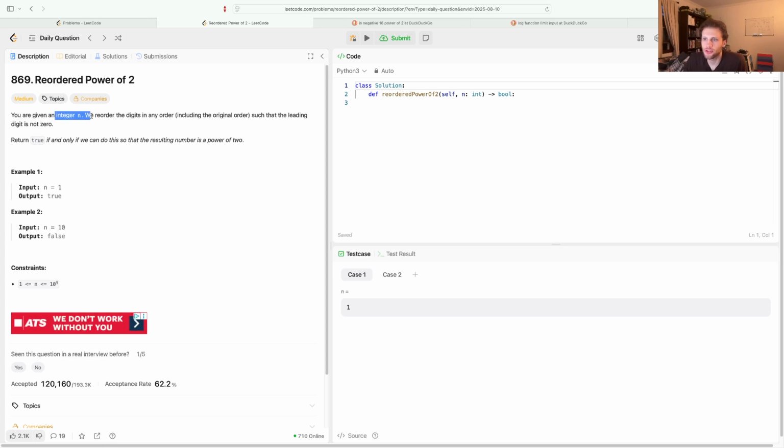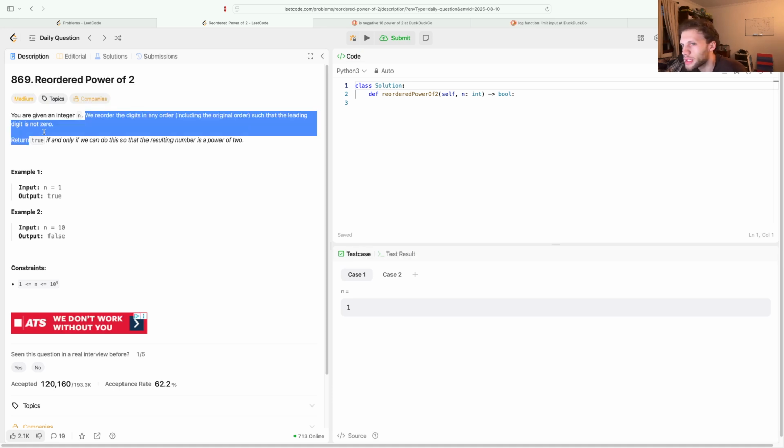You're given an integer n. We reorder the digits in any order, including the original order, such that the leading digit is not zero.